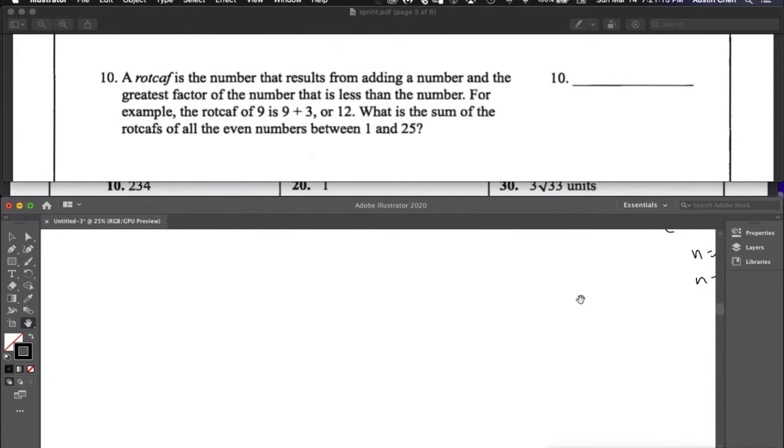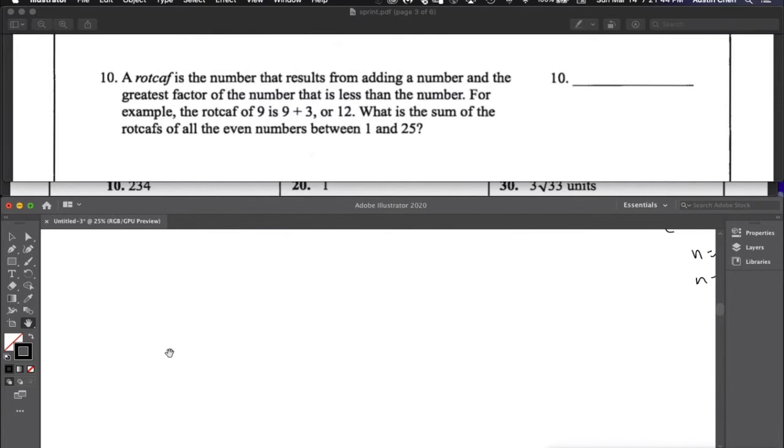In an even number we know it has a factor of two, and two is the least factor that an integer can have that is greater than one. So its greatest factor that is less than the number has to be half itself.